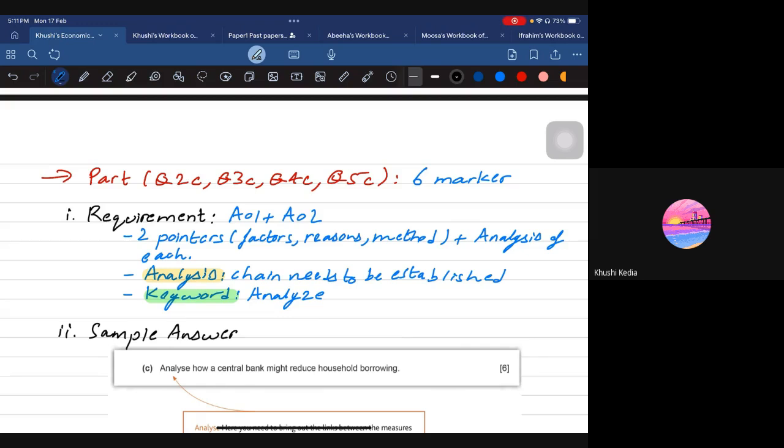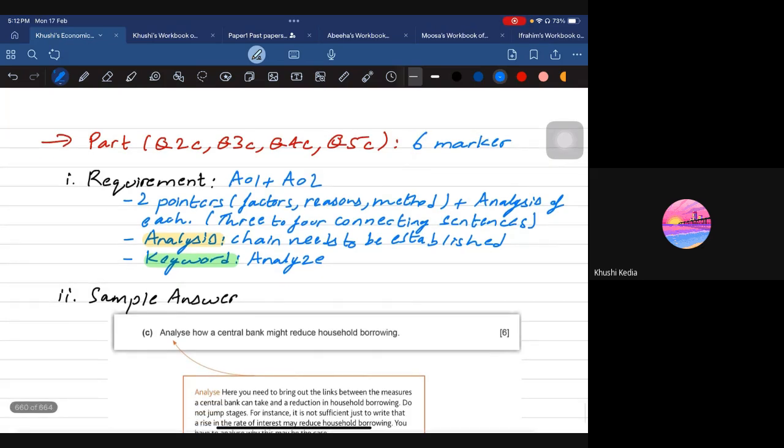It must be at least two. It must have a very good chain. 3 to 4 connecting sentences should be there. It's not like a simple impact that we do in business, right? Yes, sir.